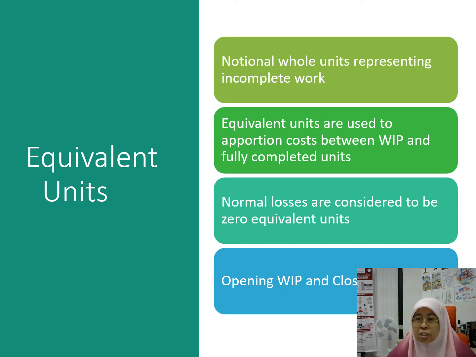Equivalent units are the notional whole units that represent the incomplete work. These equivalent units must be calculated according to the degree of completion of the work in progress, whether opening or closing work in progress. We need equivalent units to apportion costs between the work in progress and the fully completed units, so we need to separate the work in progress, opening OWIP and closing CWIP, from the fully completed units, the finished goods.